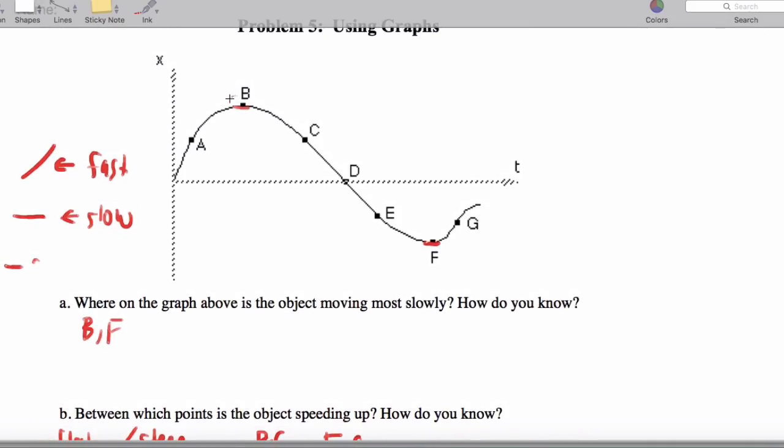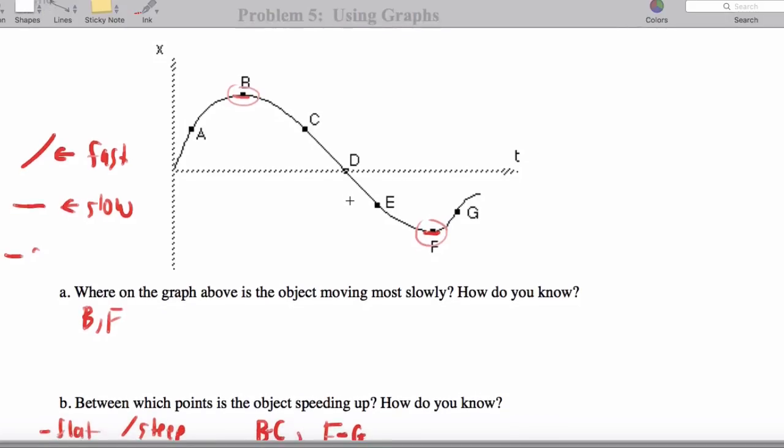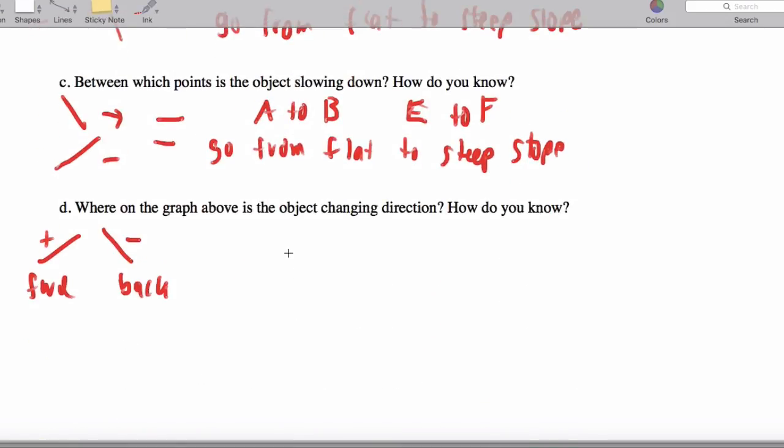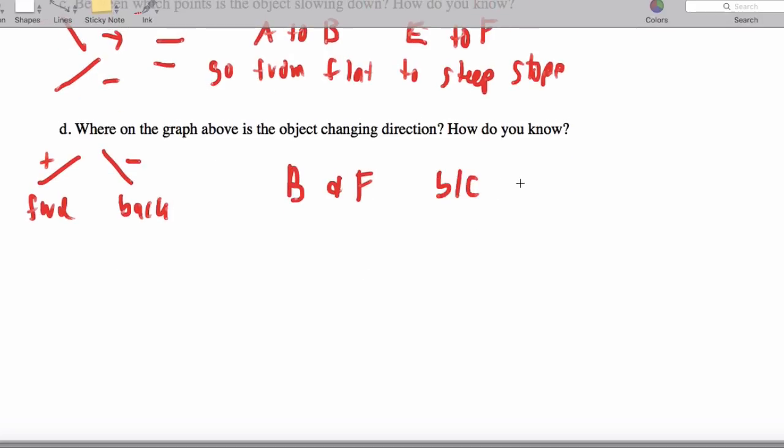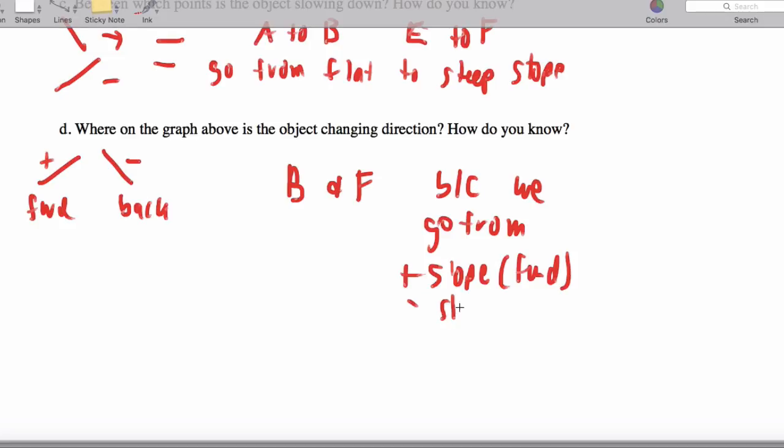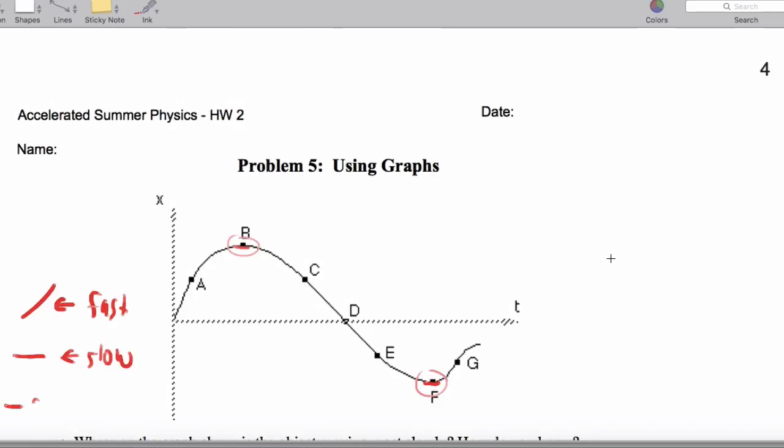So that happens at point B and at point F, because we go from positive slope, forward, to negative slope, which is backwards. And that's how we do that. All right, so that is page 1 on the homework.